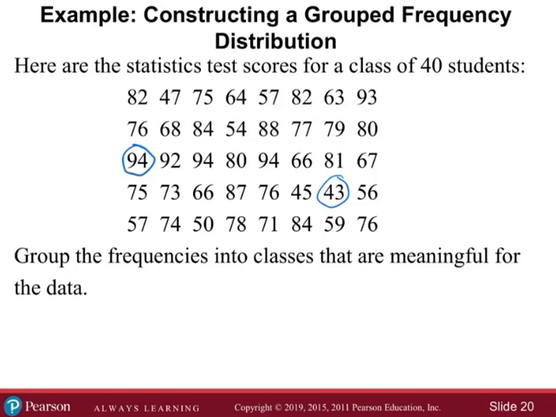I'm kind of short on space here, so I think I might have to get a copy. Okay, let's try it here. Hopefully I have enough space. We'll say the class versus the frequency.